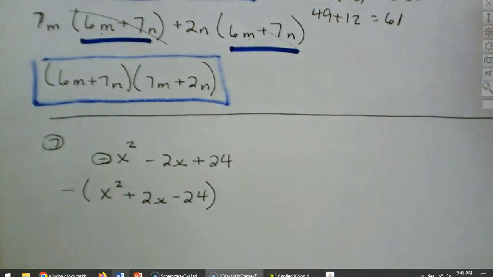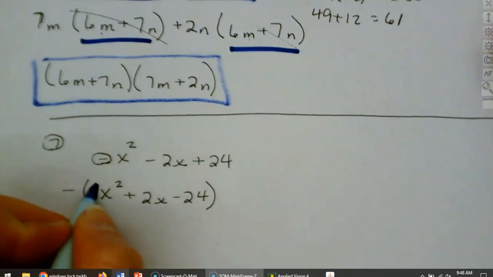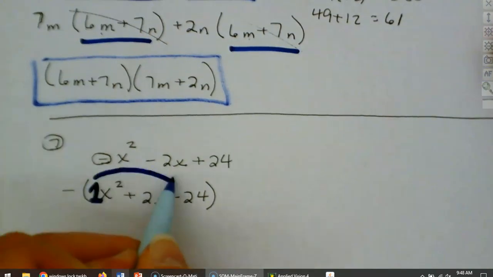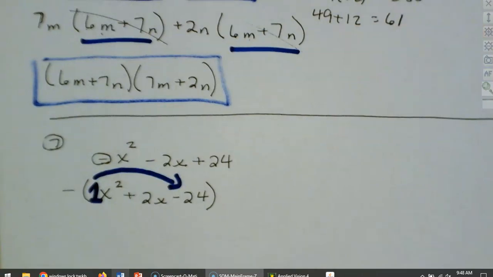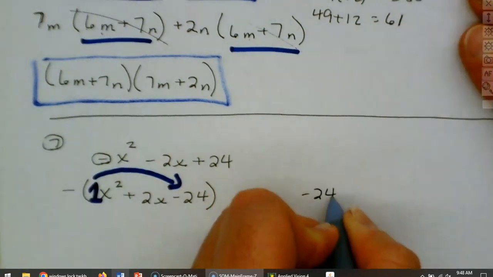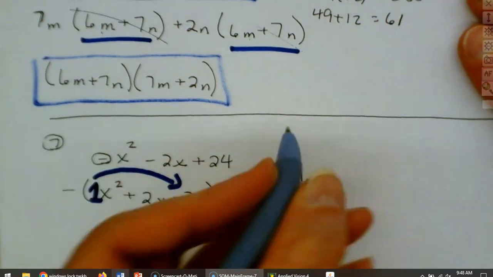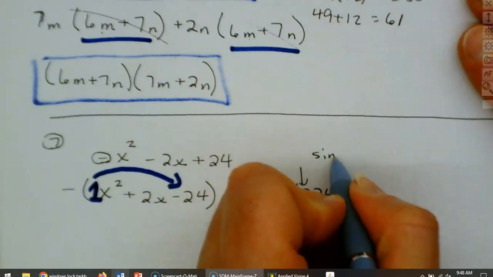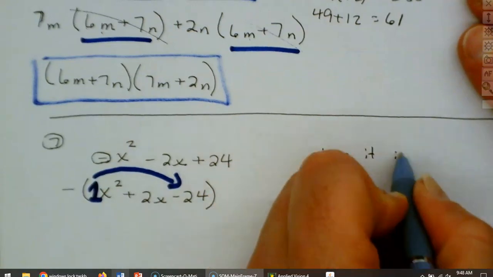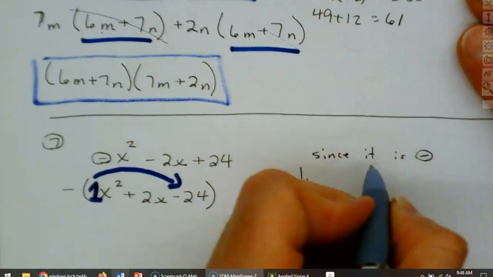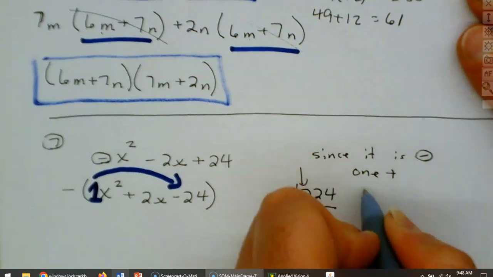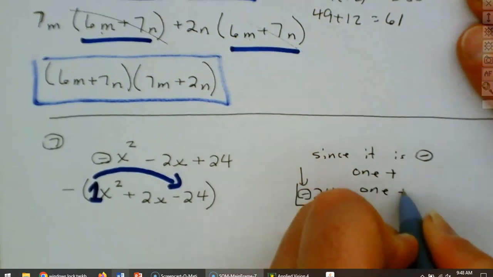We're going to put the 1 here in front. And 1 times a negative 24, that's a minus 24. This is negative. So since it's negative, that means that one number is positive, one number is negative.